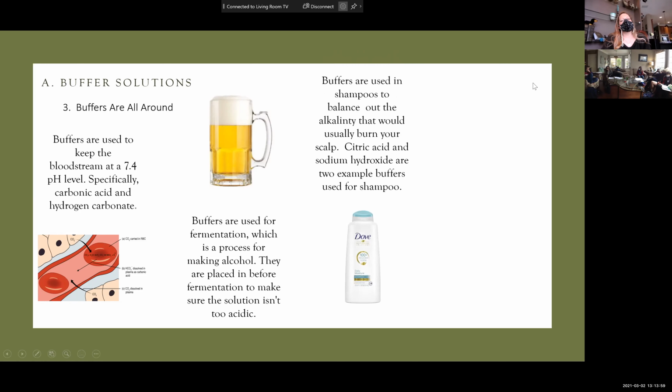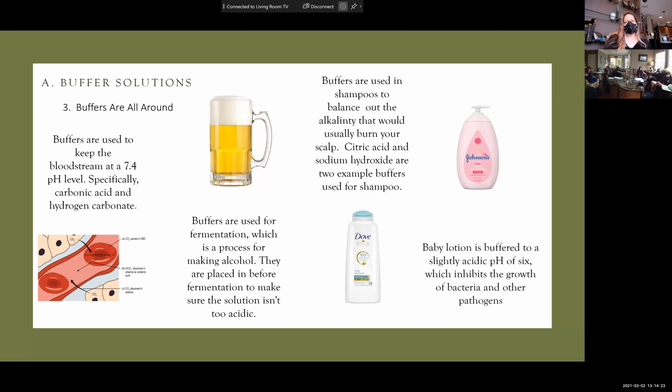Also, you've got buffers in your shampoo, and they balance out the alkalinity that would usually burn your scalp. Thank goodness for buffers. Citric acid and sodium hydroxide are two examples of buffers used for shampoo. Citric acid is in everything, right? This is one of the reasons. And here's another example.